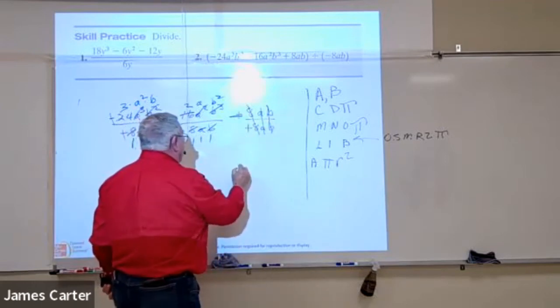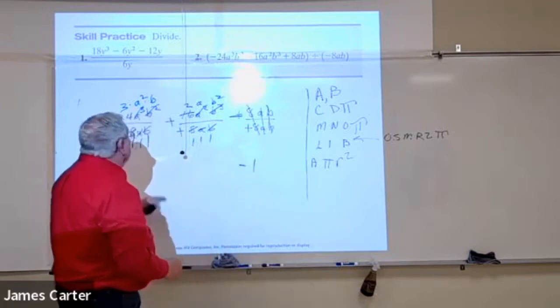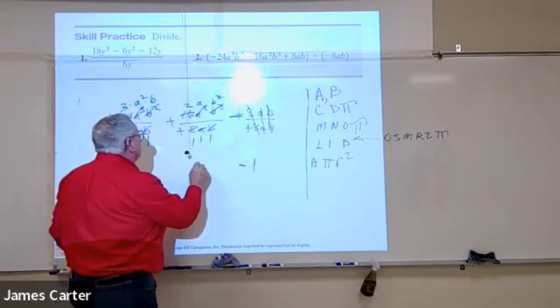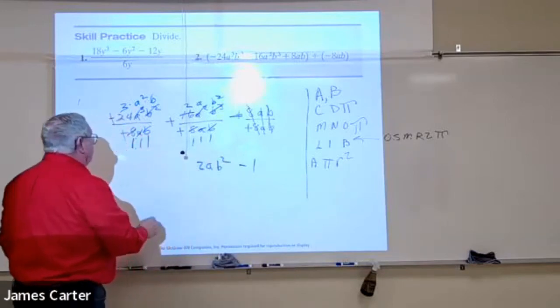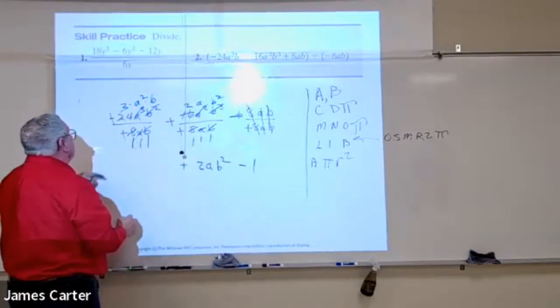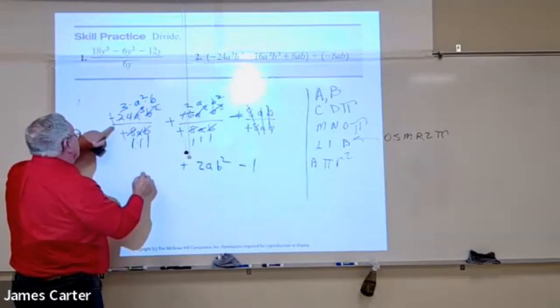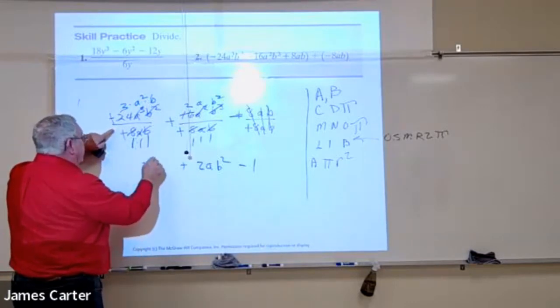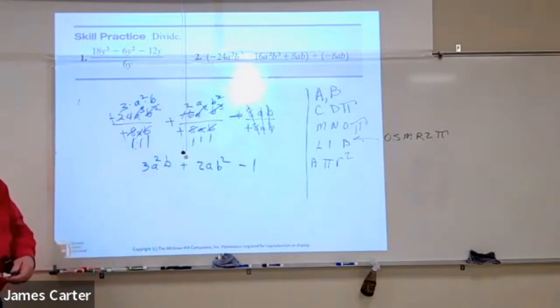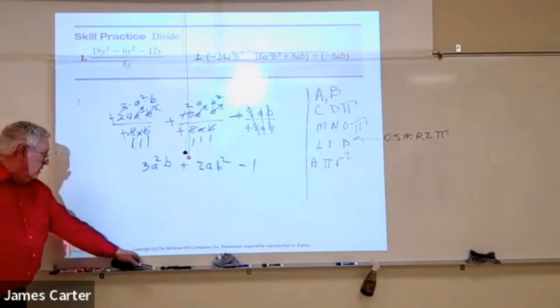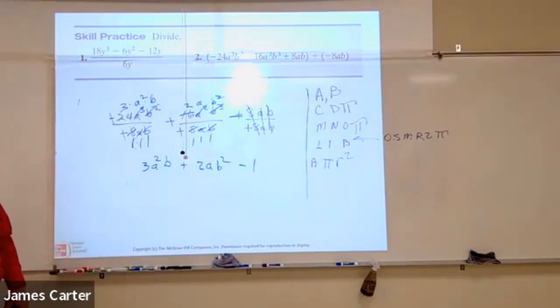This part becomes -1. This part becomes 2ab squared plus in front of it. And this part becomes 3a squared b. And that's all you can do to it. Okay? Not too terribly hard, right?